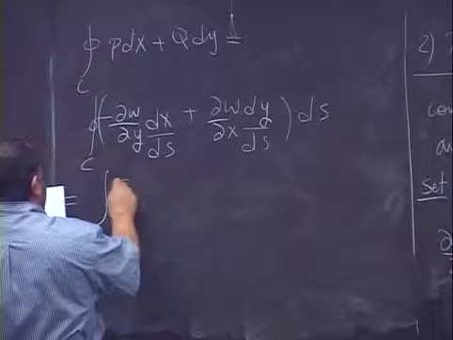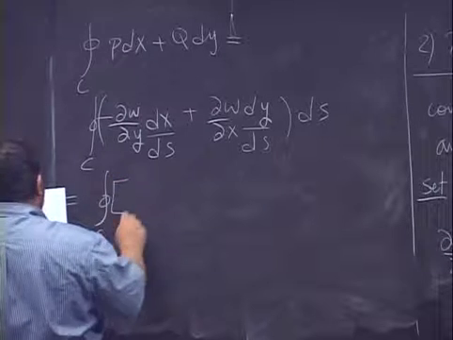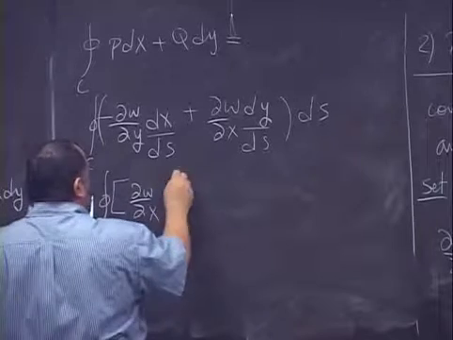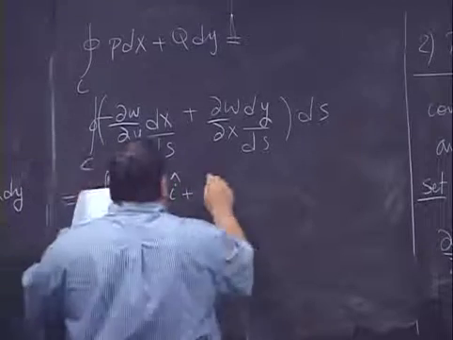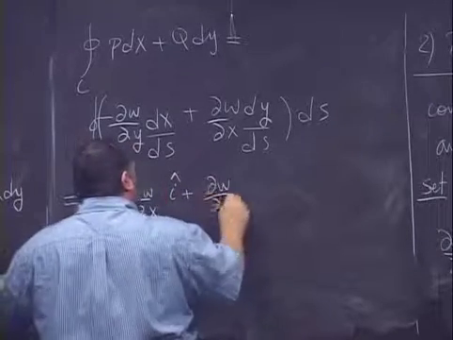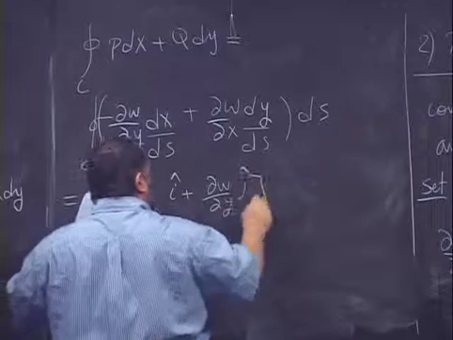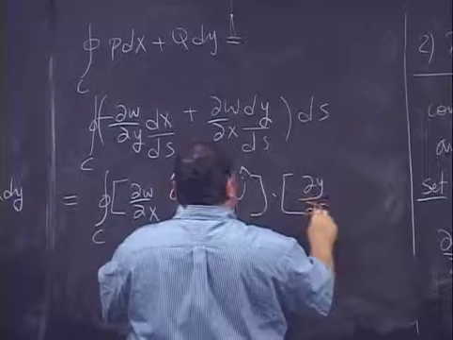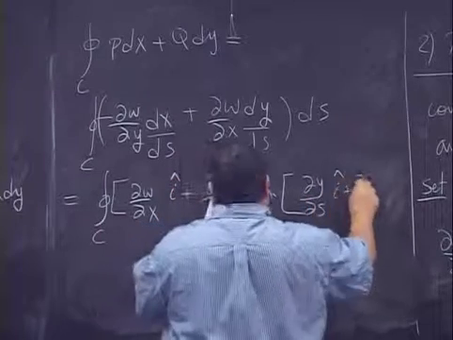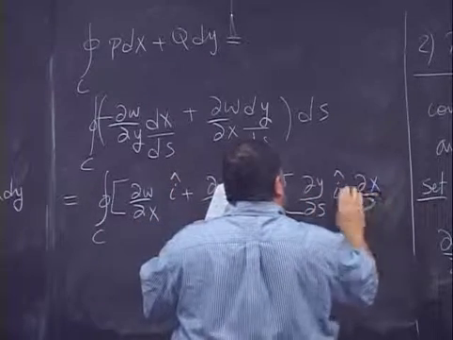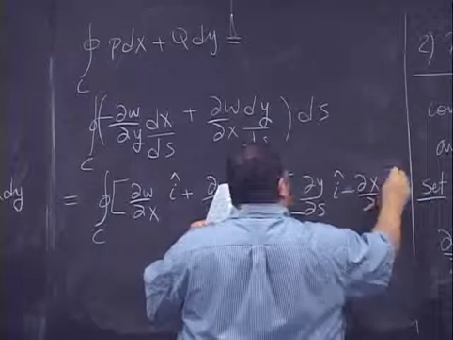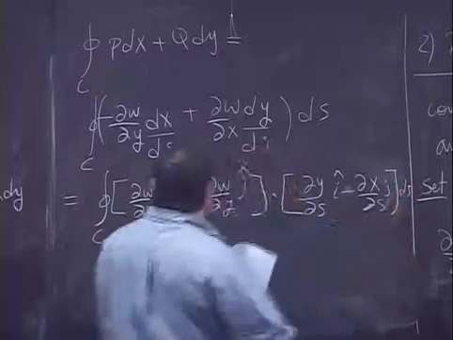So now I can make this as d omega by dx in the i direction plus d omega by dy in the j direction, dotted with dy by ds in the i direction minus dx by ds in the j direction.